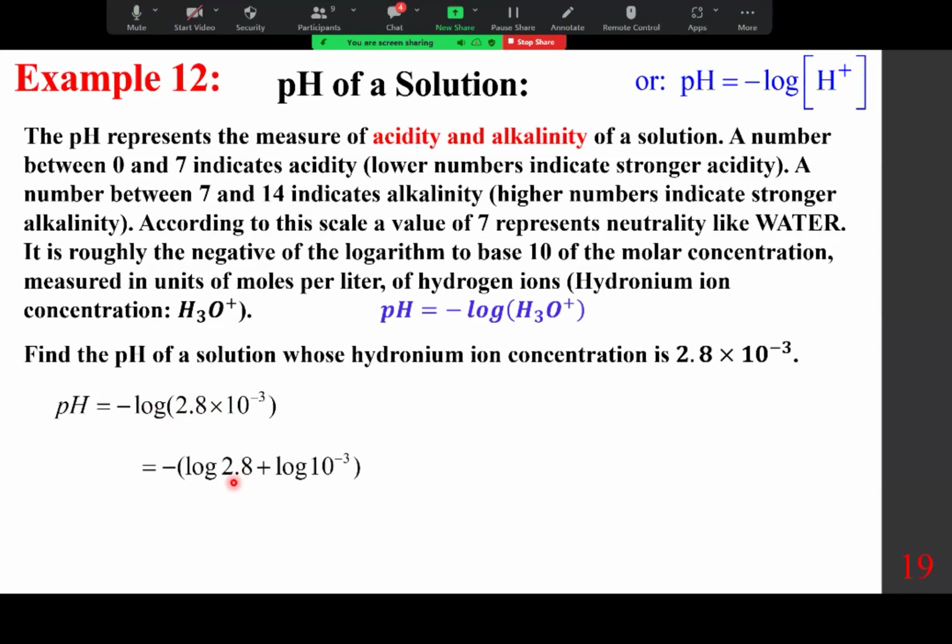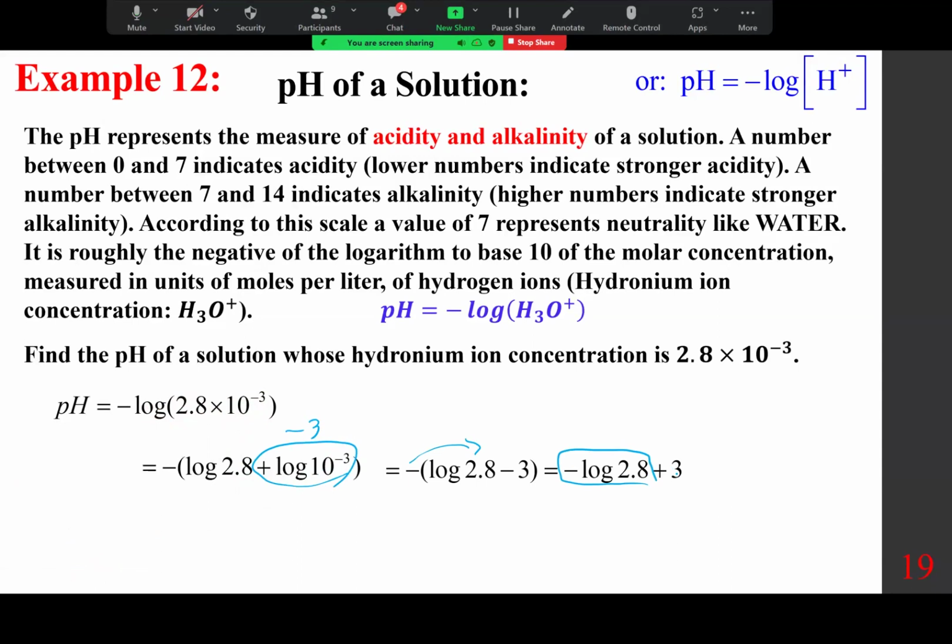And log of 2.8, I don't know the answer. I need a calculator. But this one, by the way, the base is 10, the answer is negative 3. So we have negative log of 2.8 minus 3. And if you apply the negative, you get this one, plus 3.